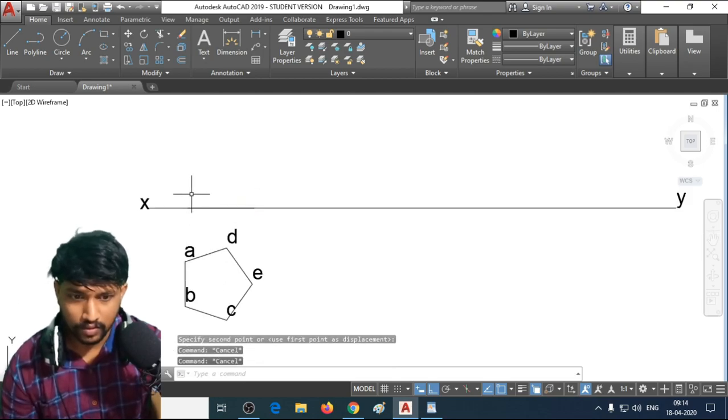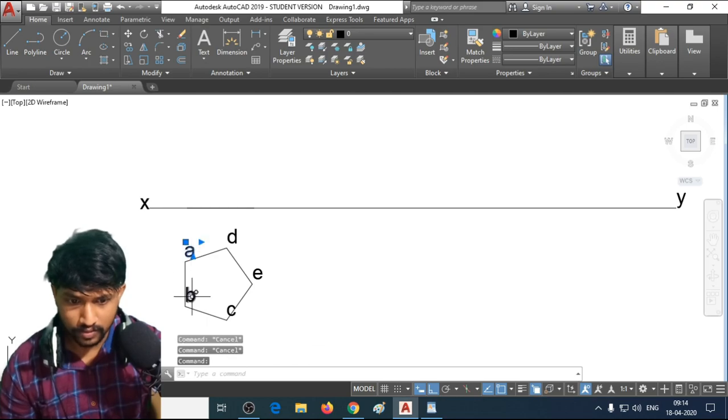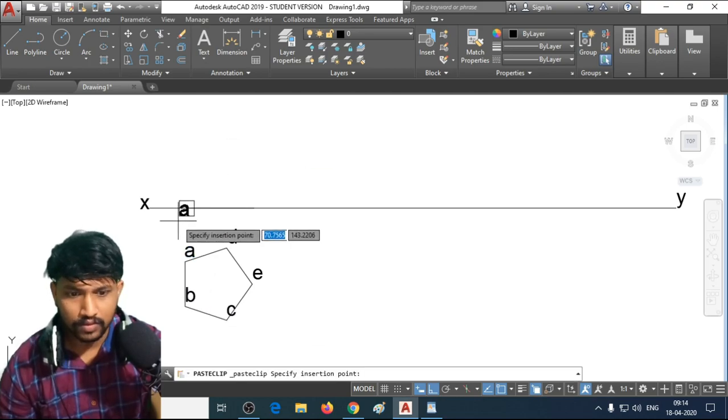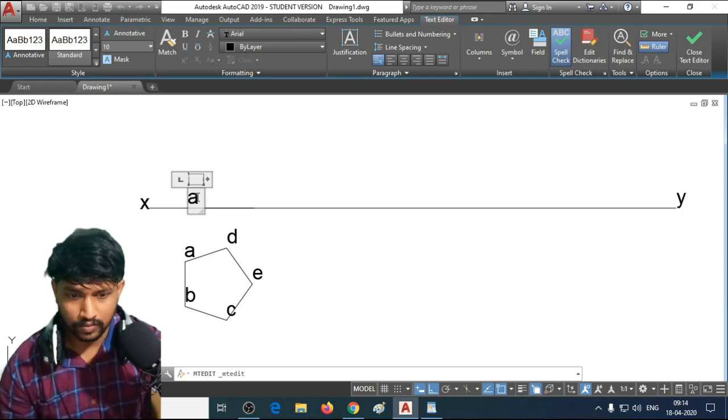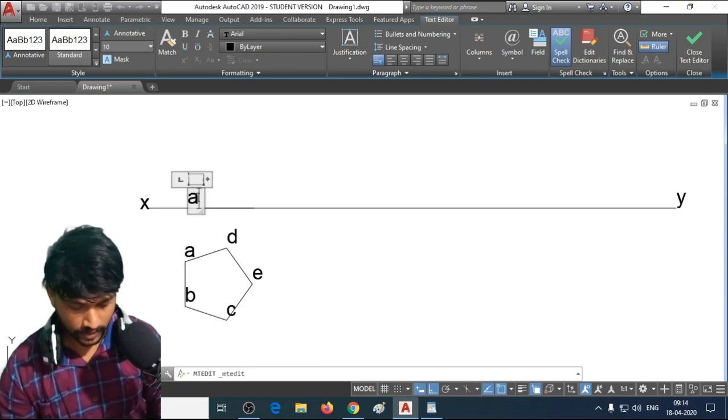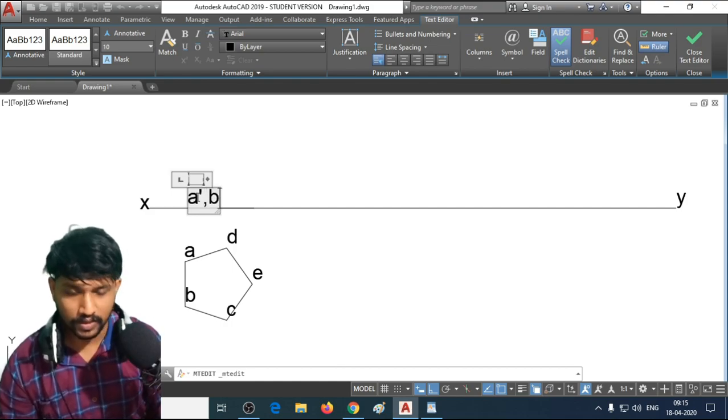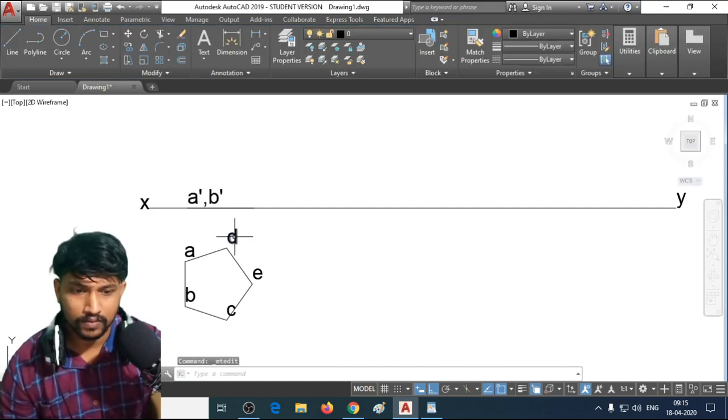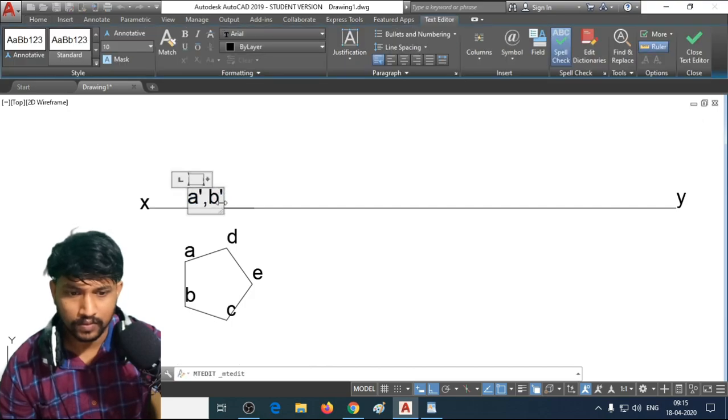So now at this particular point, both A dash, comma B dash will be there. I'm gonna use some small letters here.